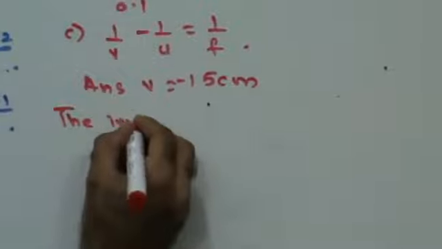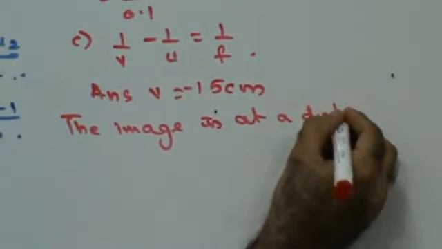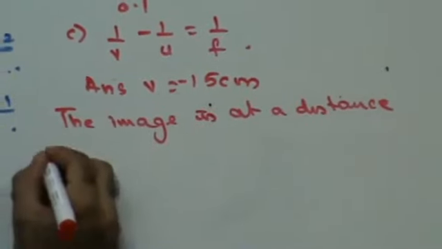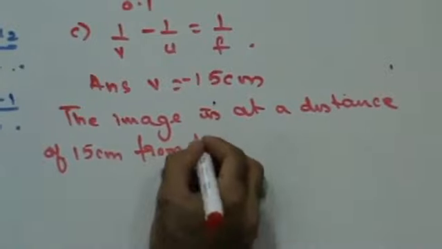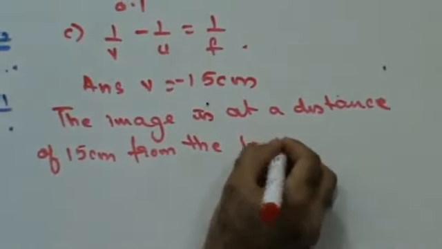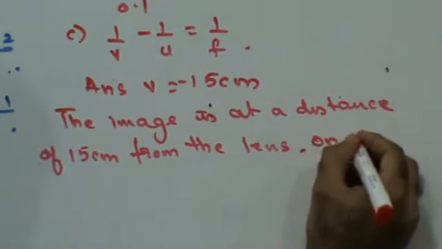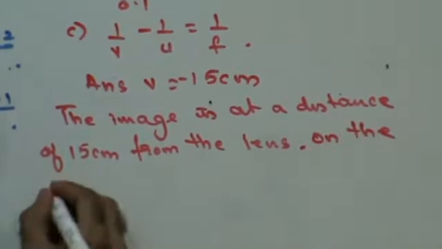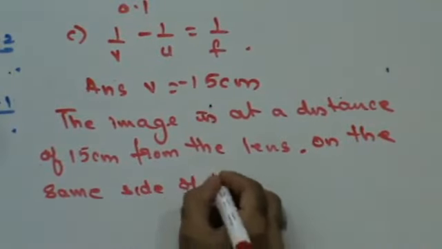The image is at a distance of 15 centimeters from the lens, right, and on the same side of the lens as the object.